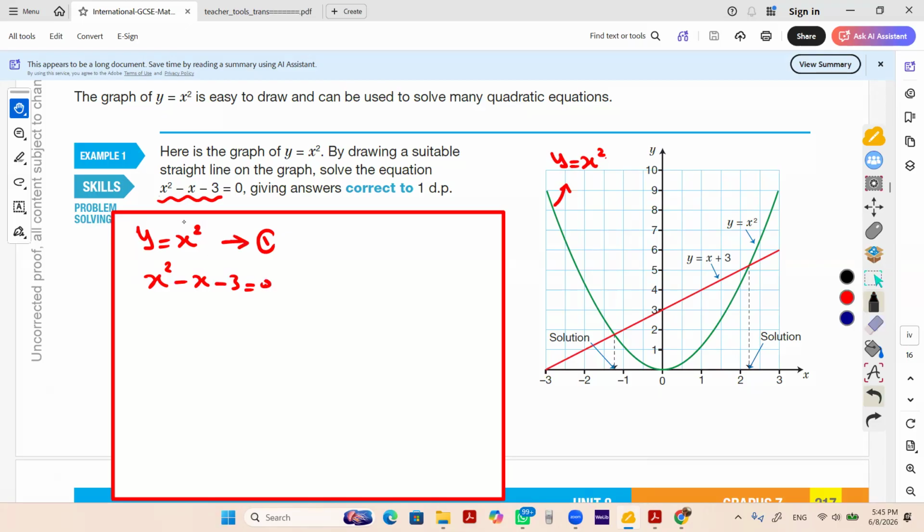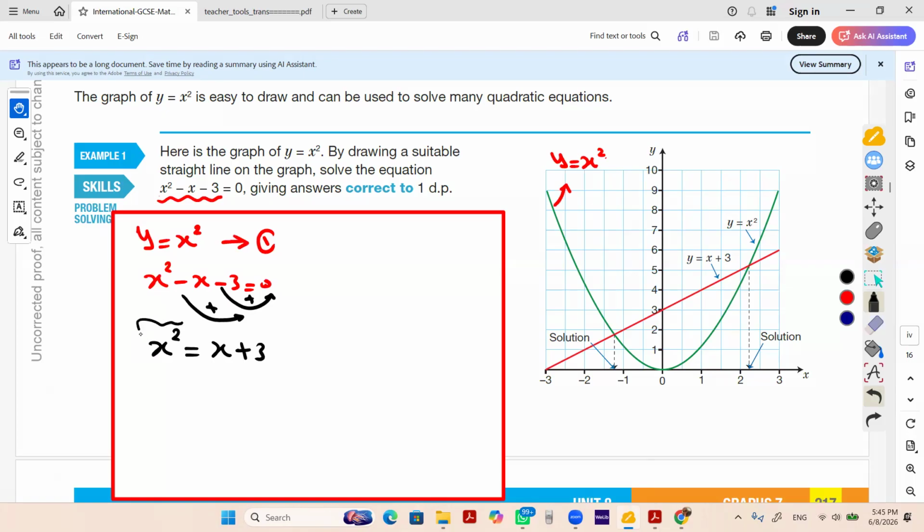If we want to isolate x squared, we will take negative 3 and x to the right side by their positive signs, right? So it will be x squared equals x, moving to the right by positive x, and the negative 3 moving to the right by positive 3. So it will be x squared equals x plus 3.